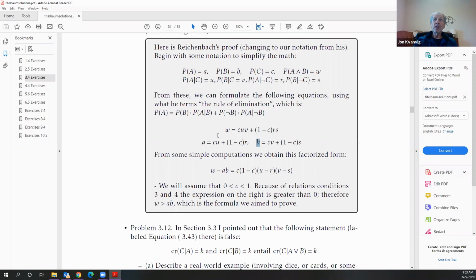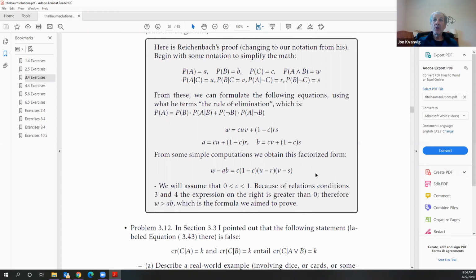So you can then factor these equations. He calls them simple computations. You get from these equations that W minus A times B equals C times 1 minus C times U minus R times V minus S. Notice U minus R and V minus S are the inequalities in the first 2 conditions above.